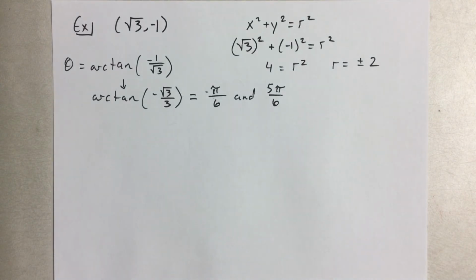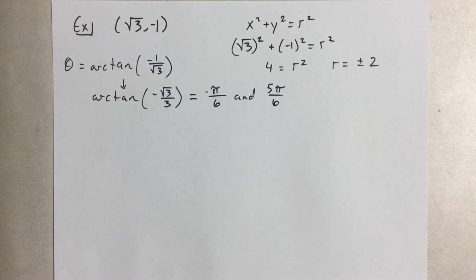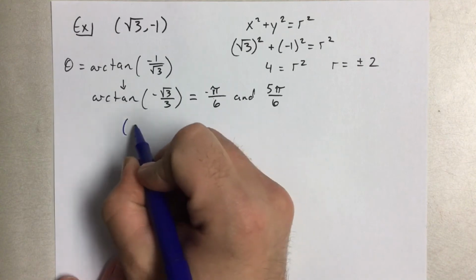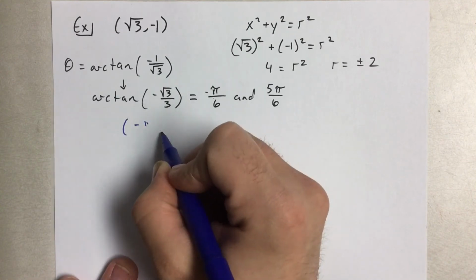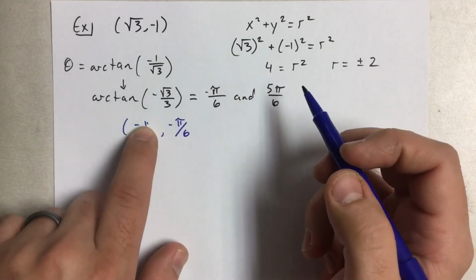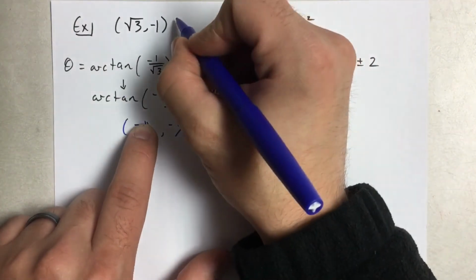All right, so did you get this far? The radius should have been rather easy to find, and then arctangent, just known as a unit circle. So with this, let's say we have negative pi over 6. Might have to fix this little scratch area here. So we are in quadrant 4.